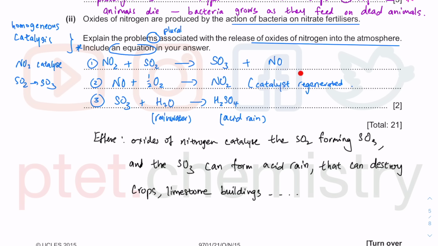So that's it really. The question is probably worth 1 mark, talking about the effect in terms of the NO2 forming acid rain that is possible.